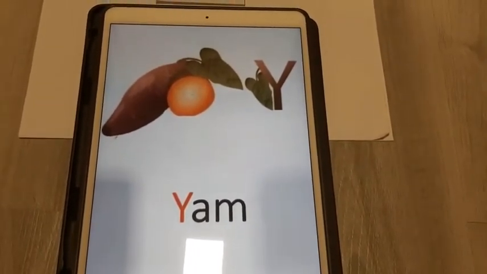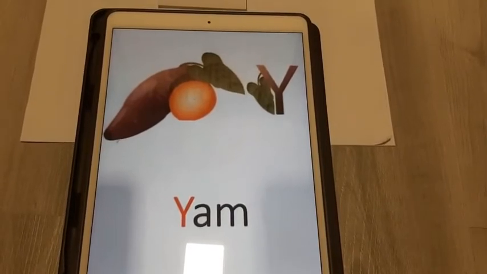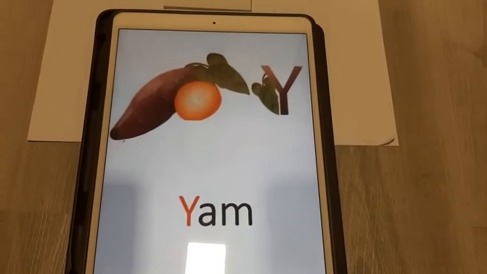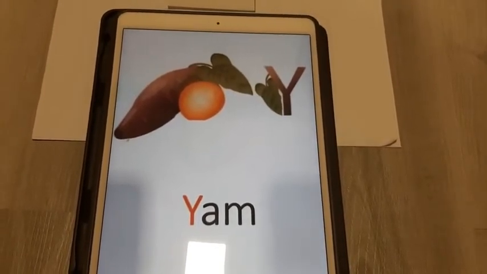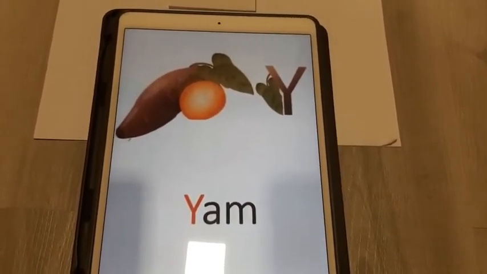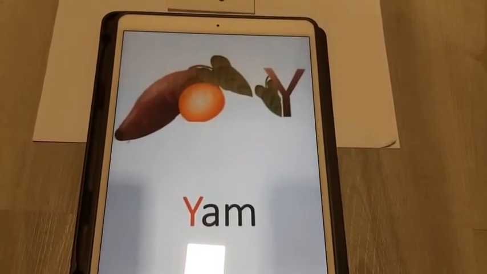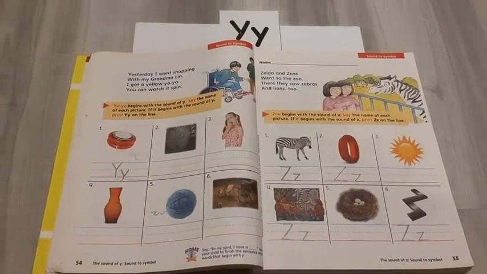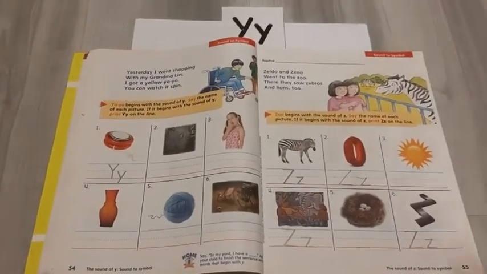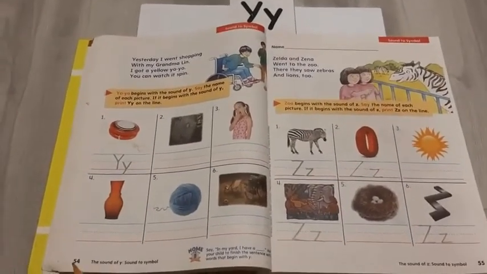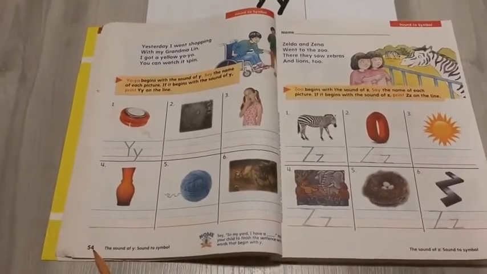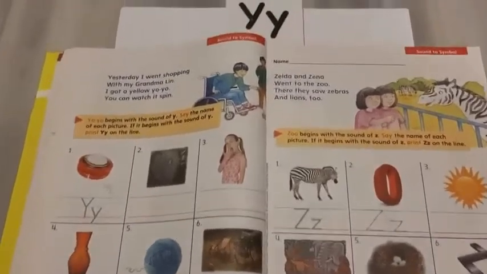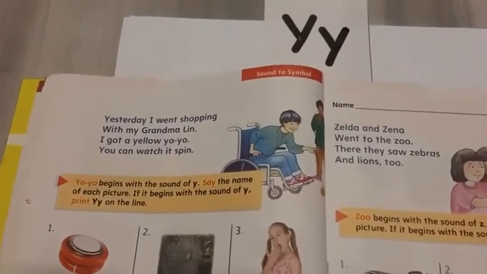Okay, KG3, boys and girls, please now I want you to bring your phonics books because we have one page to do for letter Y. So please bring your phonics books and your pencils and let's start. Okay, KG3, please open your books to page 54, page 54. And as we always do, let's read the instructions.